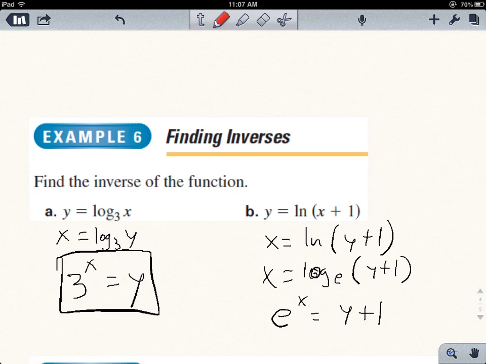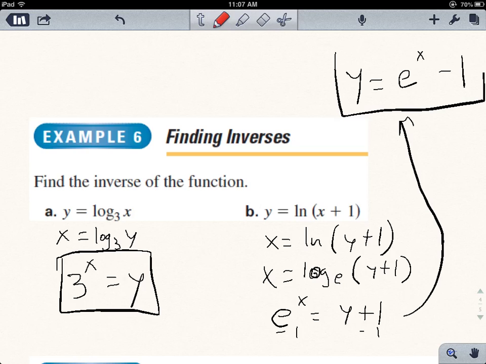And then we subtract 1 over, and you end up with y equals e to the x minus 1. Now you have an exponential function with base e. You've got a k value here of negative 1, no h value. So if this was a graph, we'd have an exponential growth function, and it would be shifted down 1.